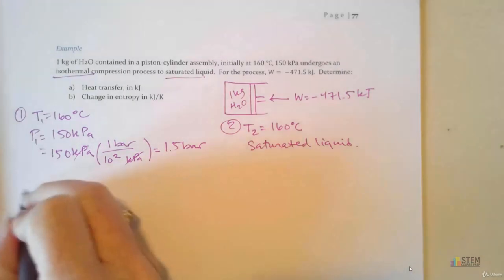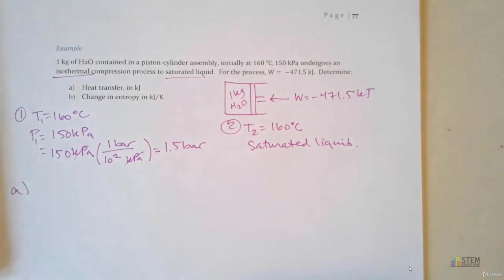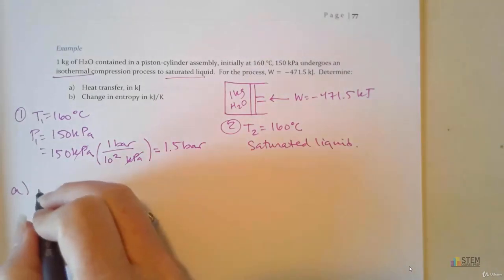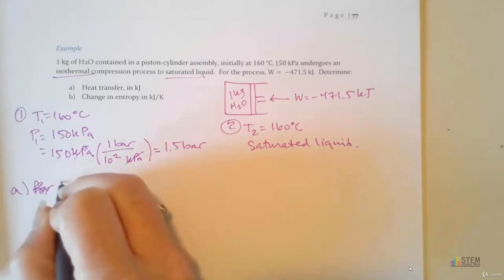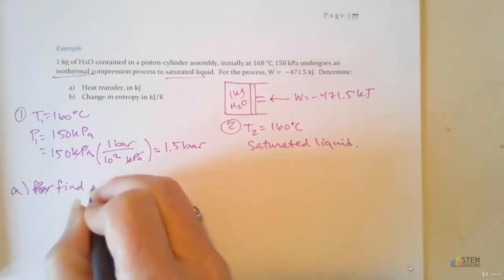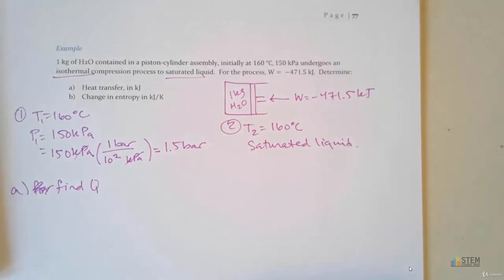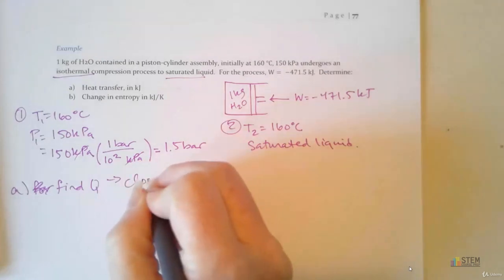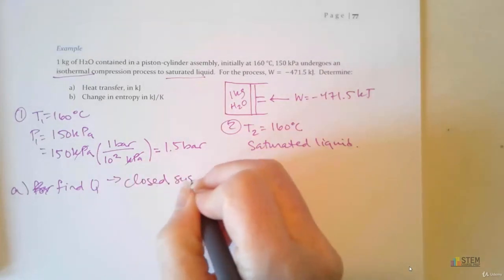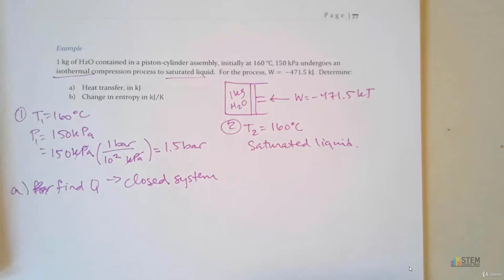Now remember, we need energy balance when we're finding Q. Which energy balance equation do we want? Do we want the simple one, or do we want that lengthy one with mass flow rates? We want the simple one because this is a closed system. So we don't care about any mass flow rates because we don't have any mass that's flowing.